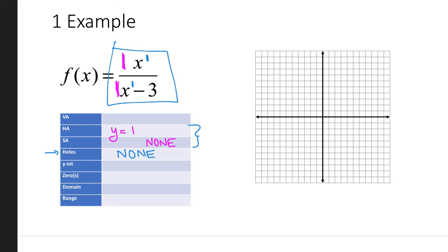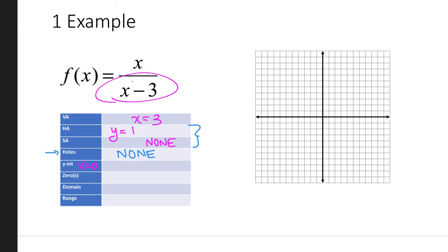All right, next. And I'm going to erase some of the stuff just so that it's not quite as cluttered. Next, you're going to check for vertical asymptotes. Vertical asymptotes are all dependent on the denominator. What makes it 0, which in this case is x equals 3. The y-intercept you get by plugging in x equals 0.